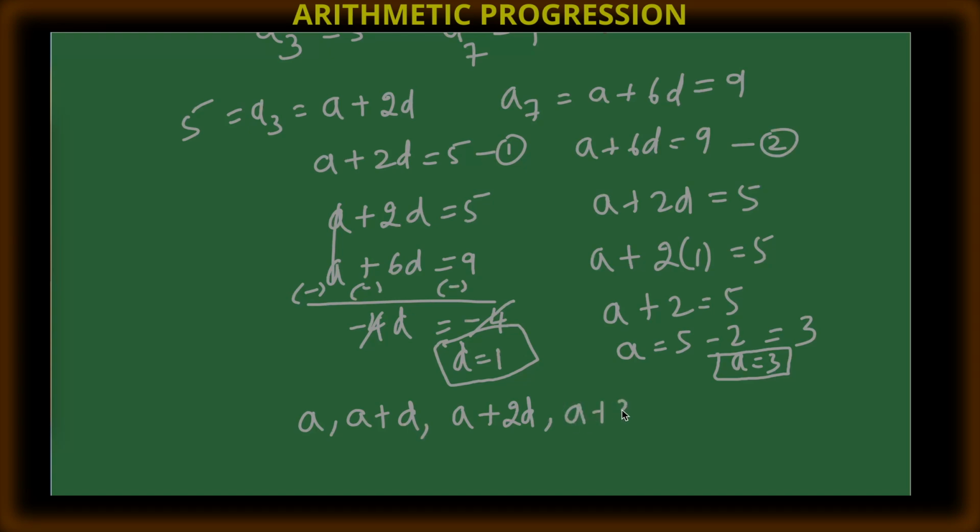So A is 3, plus the difference 1, then 3 plus 2 times the difference 1, then 3 plus 3 times the difference 1.